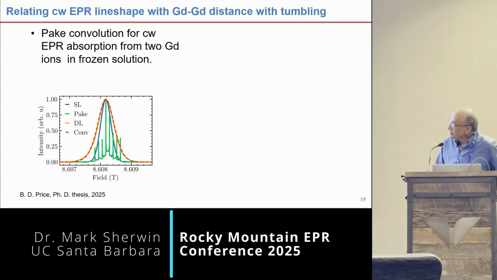If you have a measurement of a monomer, or a singly labeled sample, and you convolve that with a Pake pattern associated with the particular distance, then convolving those two should predict what the spectrum looks like for a dimer, and this is working quite well.